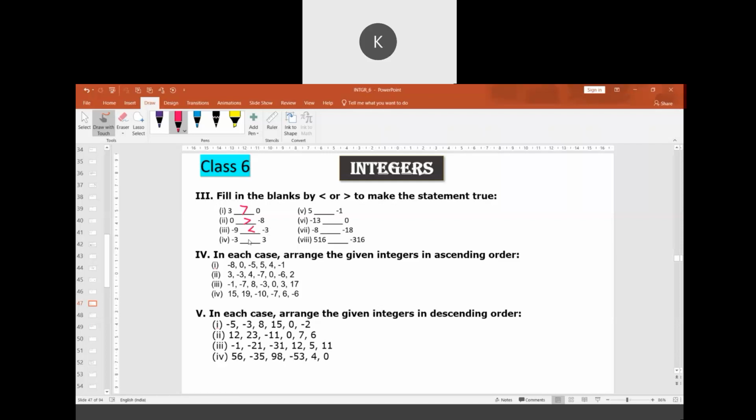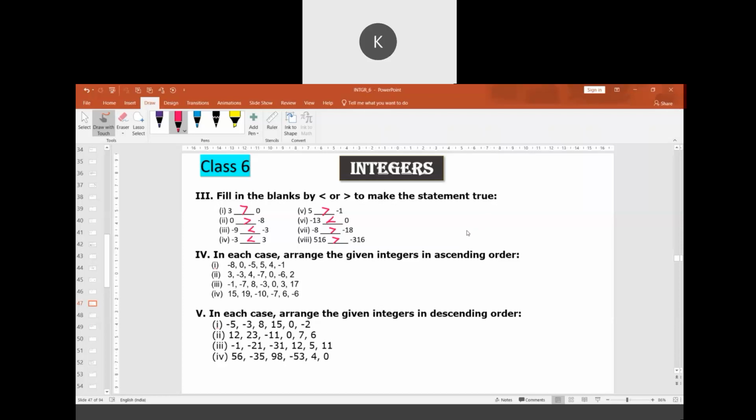In this, 3 is greater. -3 is smaller than 3. 5 is greater than -1. 0 is greater than -13. -8 is greater than -18. -18 is smaller. 6 is greater than -3.